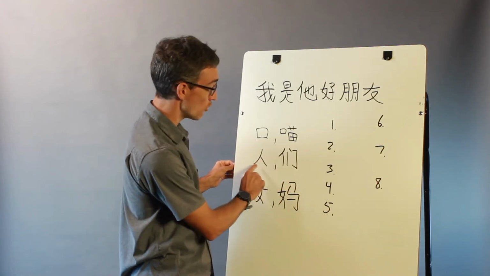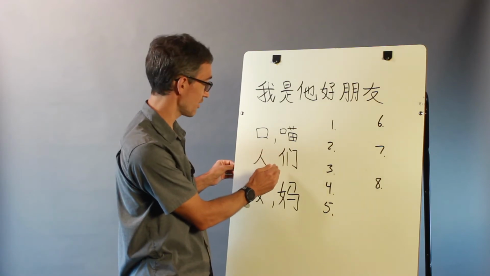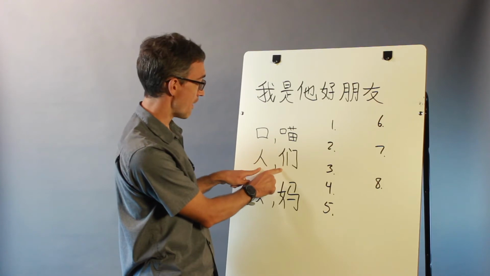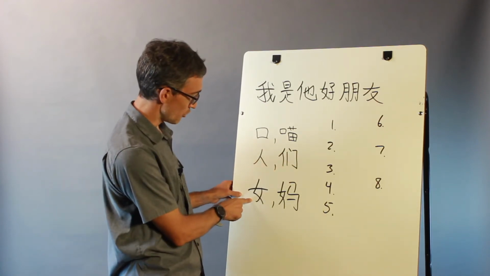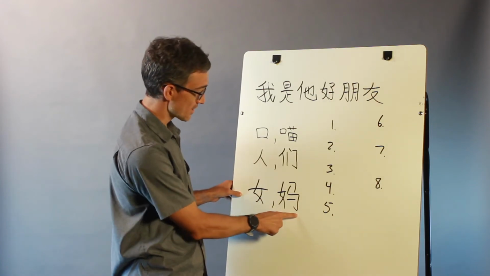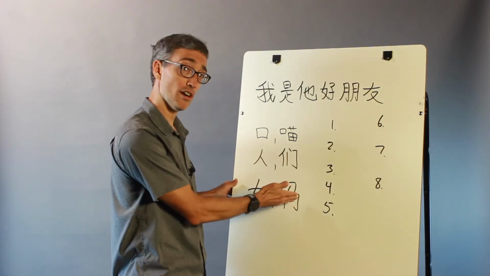Now it's a modified form. This is the form it takes when it's the side of another character. But I think you can see there's a connection between them. So this is a modified form of this, but that's the radical of this character. Here we have nü, which means woman or girl, female. And then this means mother, and the nü is the radical of that character.